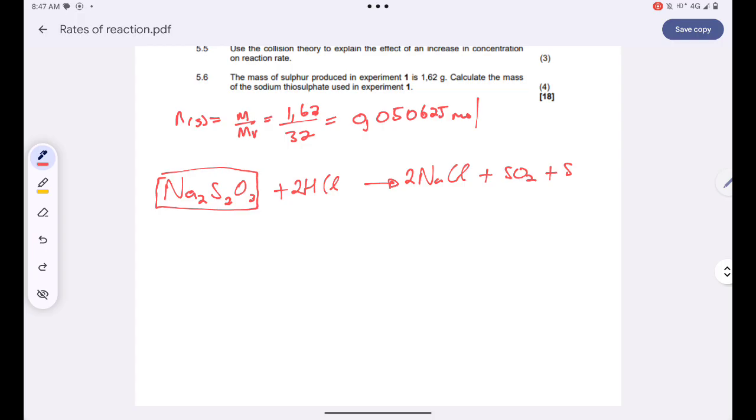Okay, I'm looking for the mass that was used for sodium thiosulfate. Since I now know the number of moles of my sulfur, I can simply find the number of moles of my sodium thiosulfate. Since, guys, the ratio is simply 1:1, I can conclude that the number of moles used of sodium thiosulfate is equal to the number of moles of sulfur that were formed, because the ratio is just 1:1.